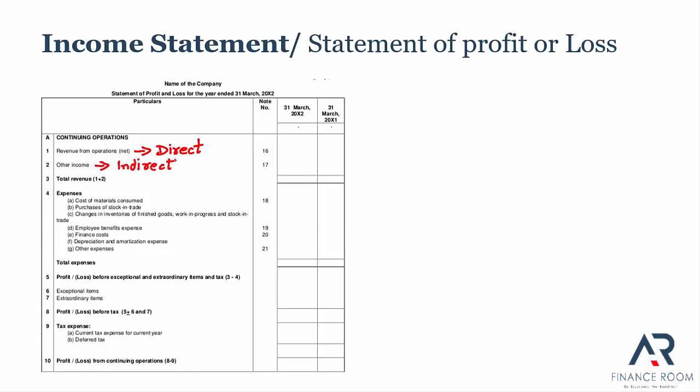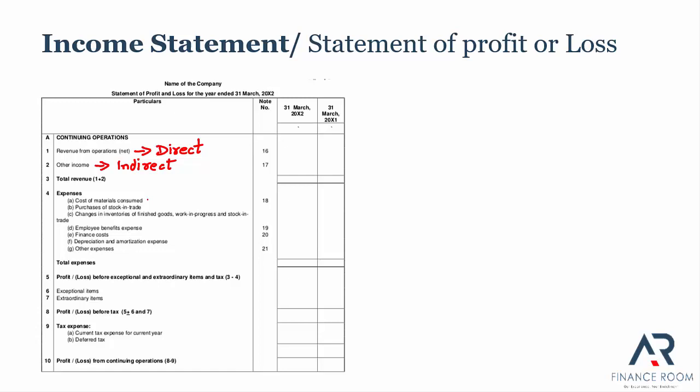For example, you might have rent received, interest received. Those incomes that are related indirectly to your business, that are not your core business operations, are reflected in other income. All right, so revenue from operations and other income.